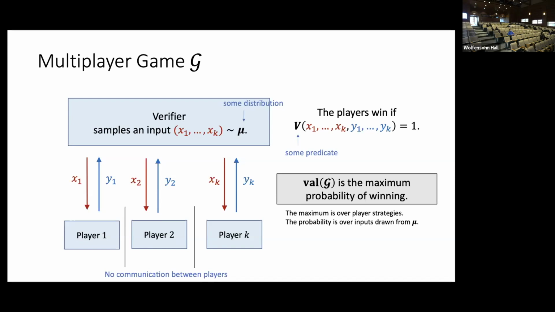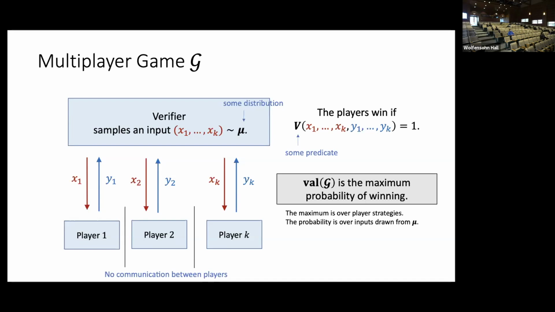So more formally, a verifier samples an input x from some distribution mu and sends the ith part of the input to the ith player. The player i looks at xi and comes up with an answer yi. This yi depends only on xi. It does not depend on any of the xj where j is different from i.